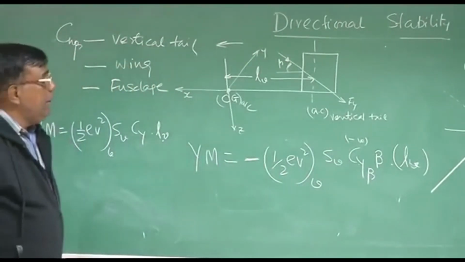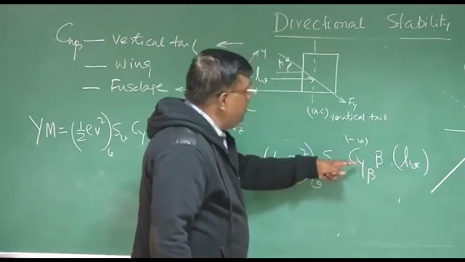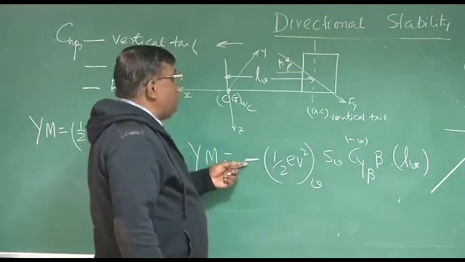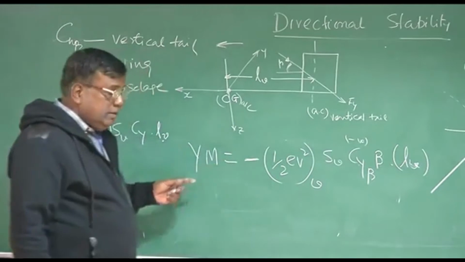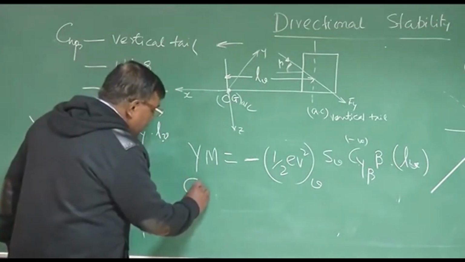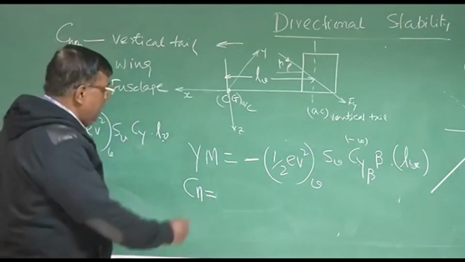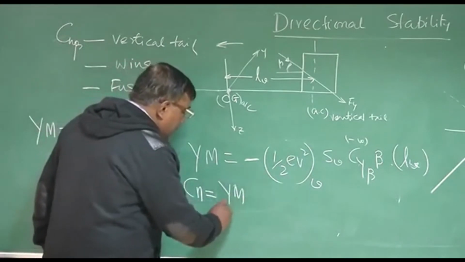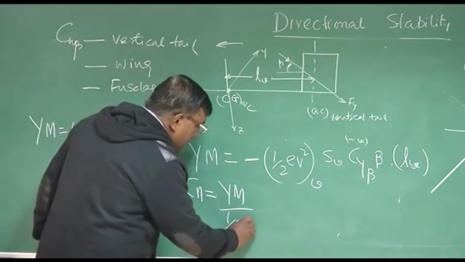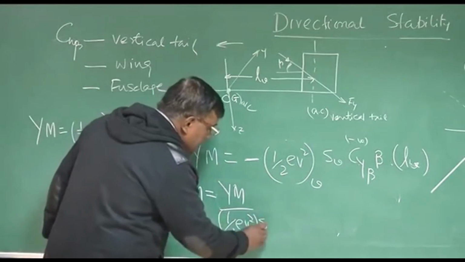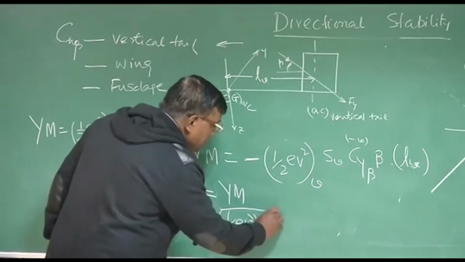Now, you see what happens. If beta positive, Cy beta is negative, and this minus sign is there, this gives yawing moment positive. So, from here, if I write Cn, Cn will be yawing moment divided by half rho v square S reference B, with B the span.